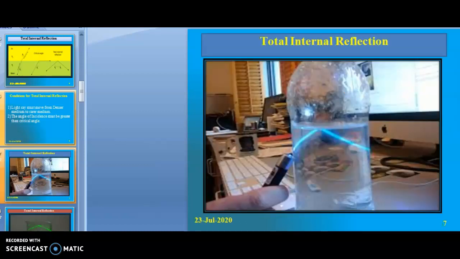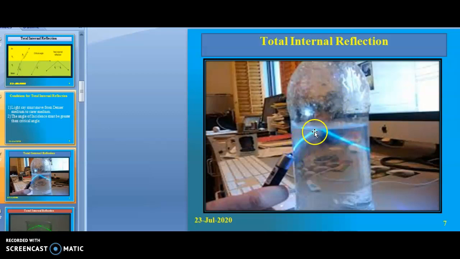Now, this is the example for the demonstration of total internal reflection. See here, I have taken some water in a bottle, and I have switched on the light. So, light ray is moving from water medium to air medium, that is from denser medium to rarer medium.